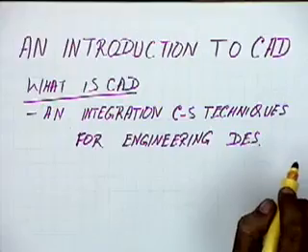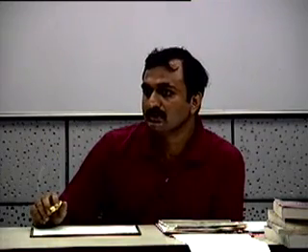What that means is any kind of use of computers in the design activity is referred to as computer aided design. This includes a wide variety of usage, a wide variety of techniques. Some are computer graphics techniques, some are simply using computers as programming tools.